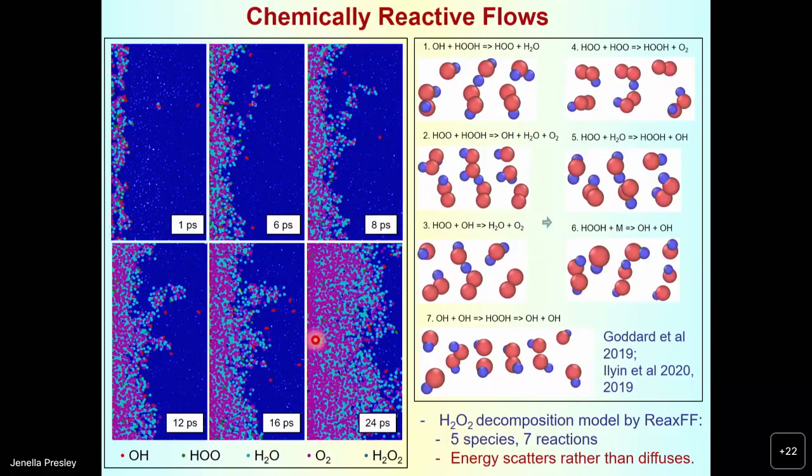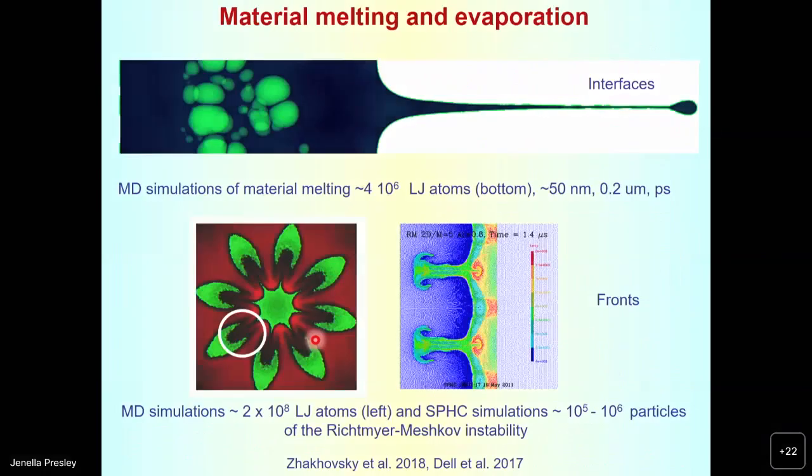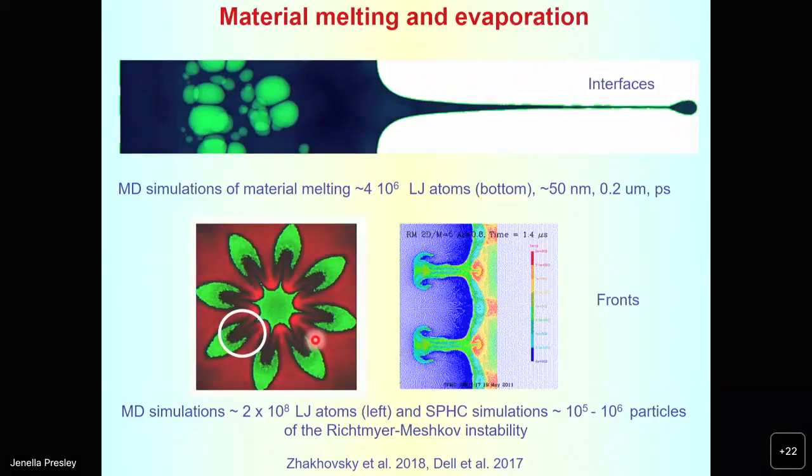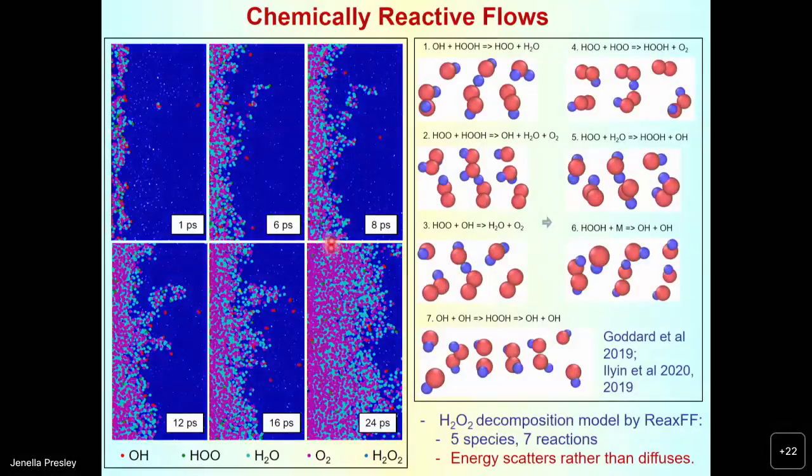In this case, rather than colliding and diffusing, the energy may be scattered. And in this case, not translational, but rotational and vibrational degrees of freedom of the molecules can be intensively used.